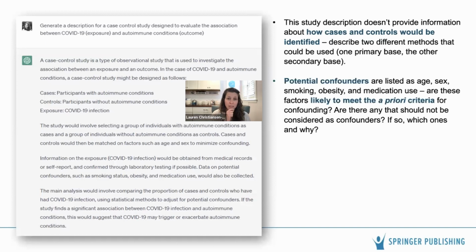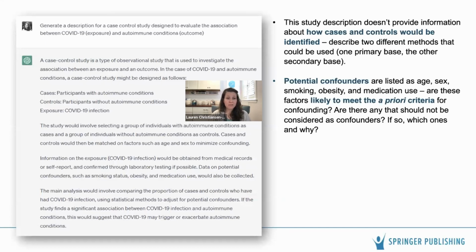Here, the study description lists out some potential confounders that the investigators might include in this kind of study, but they're just stated out there, and there's no critical thought about whether these actually plausibly could confound the association. So we could lean back on the a priori criteria that we would have taught to students when we learned about confounding and say, given the exposure and outcome pairing that we're talking about, are these factors that AI has pulled out likely to meet the a priori criteria?